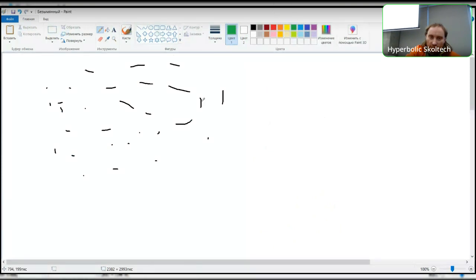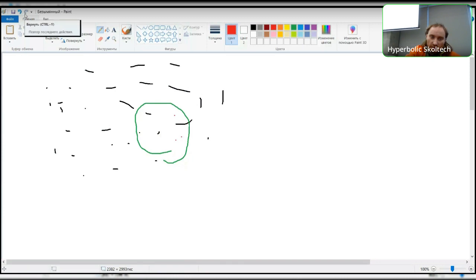So you can do this. You can draw a ball around some point and consider points inside as sampled points.